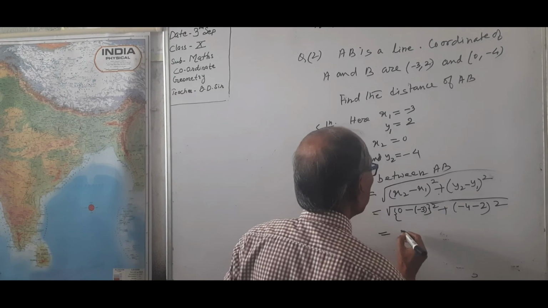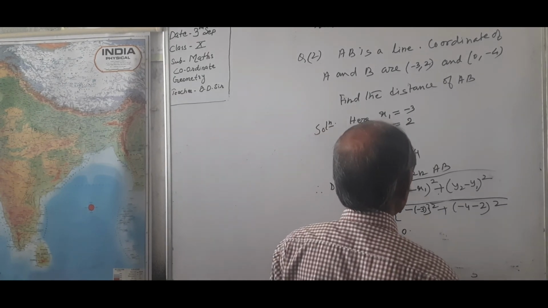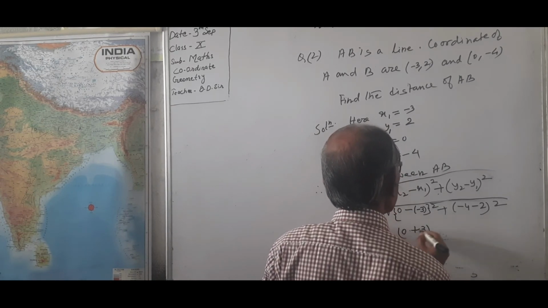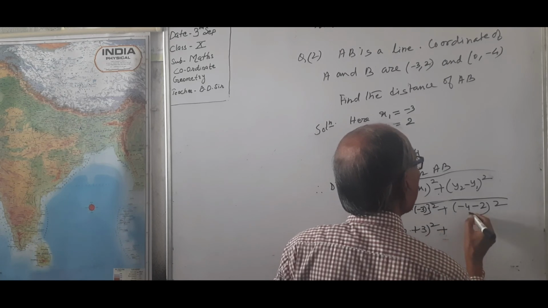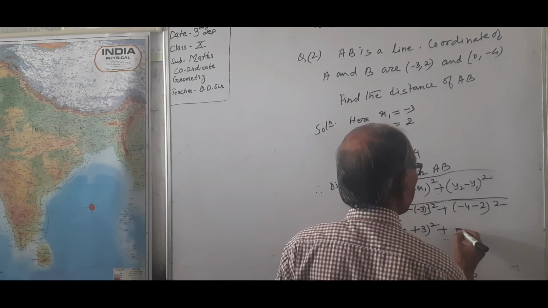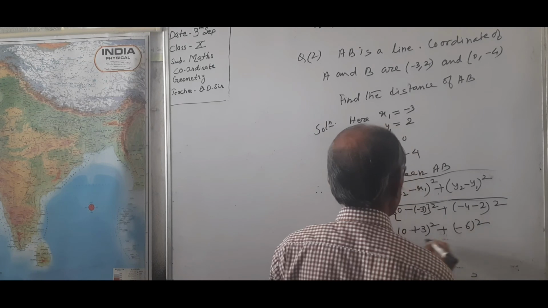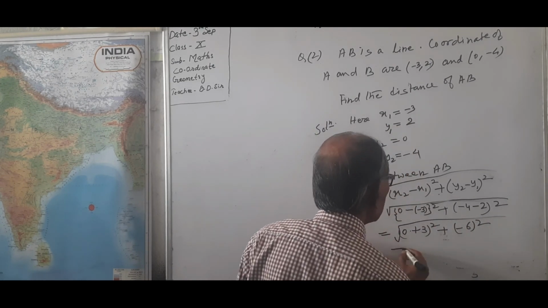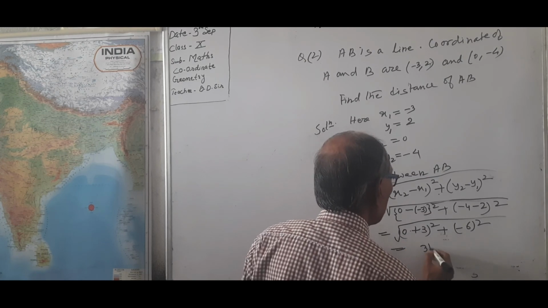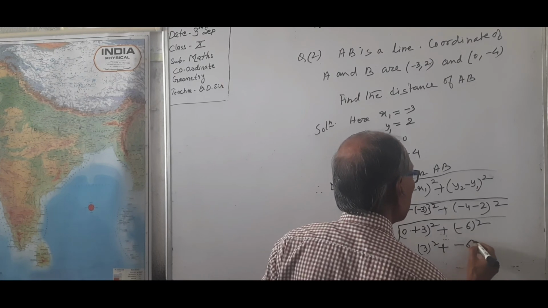It will be equal to 0 minus, minus into minus plus 3, whole square, plus, both have minus, so it will be equal to -6 whole square under root. So it will be equal to only 3, I am not writing 0. Under root of 3 whole square plus -6 whole square.